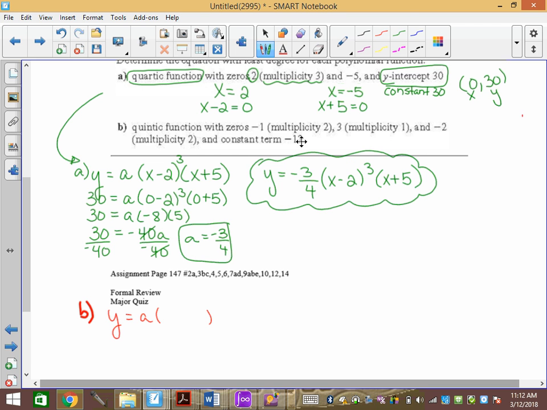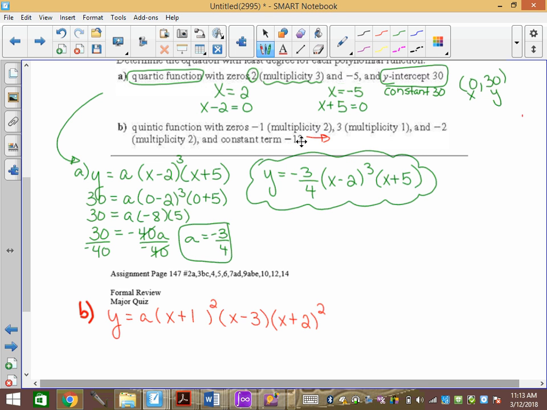If you have a 0 at -1, what's my factor? X plus 1. Multiplicity 2 means it is squared. And then we have x minus 3. Multiplicity 1. Do I have to put it to the 1? No. And -2, so x plus 2 squared.